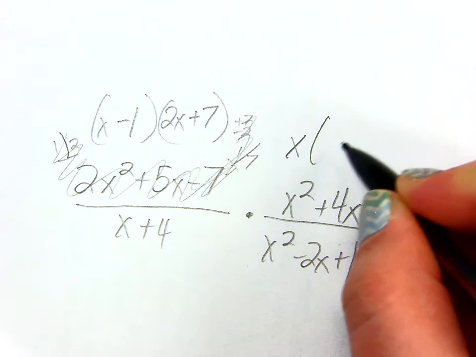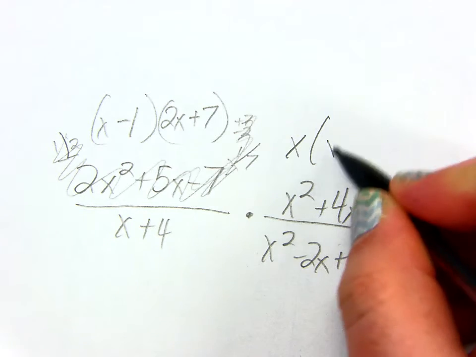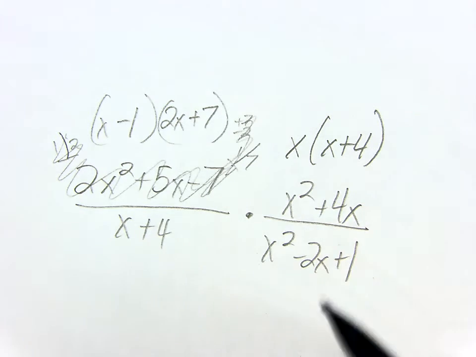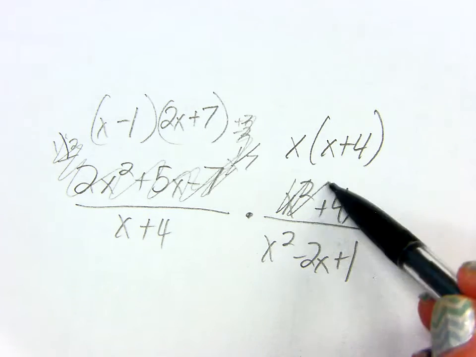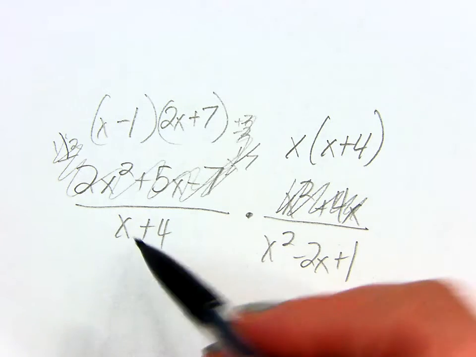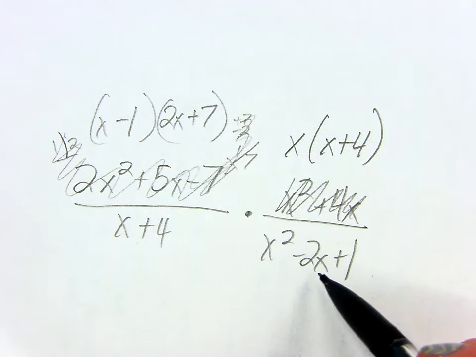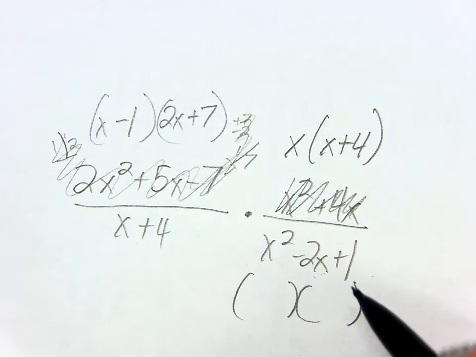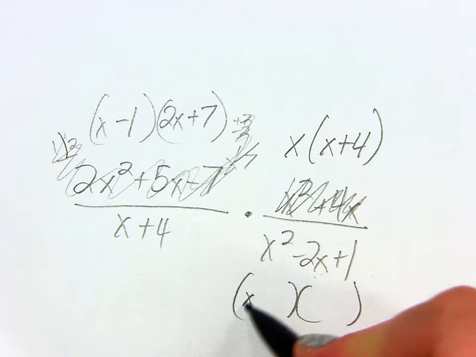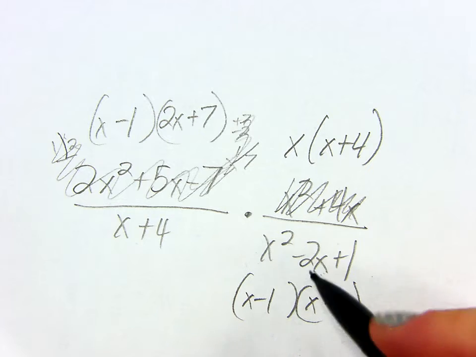So if I take out an x, I'm left with x plus 4. Always check if there's a common thing to take out. I can't do anything with that x plus 4. But then down here, this becomes x minus 1 and another x minus 1.